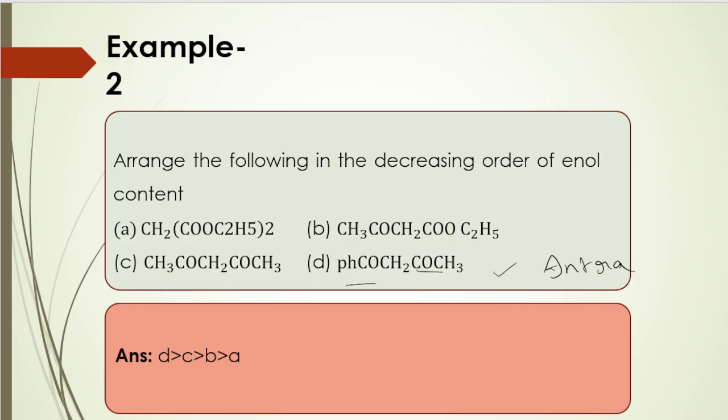And if we consider the remaining compounds apart from this, here also there are two C=O groups, but here one extra factor is conjugation, and here you can see only the intramolecular hydrogen bond. Here also you can see the intramolecular hydrogen bond, but not the conjugation. Here, there is a conjugation in D, as there is a Ph.